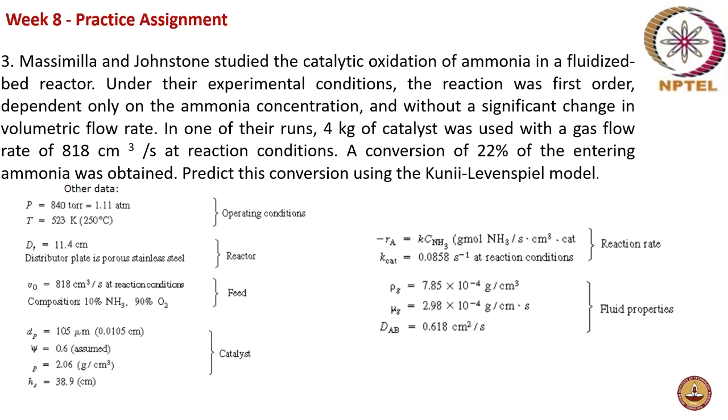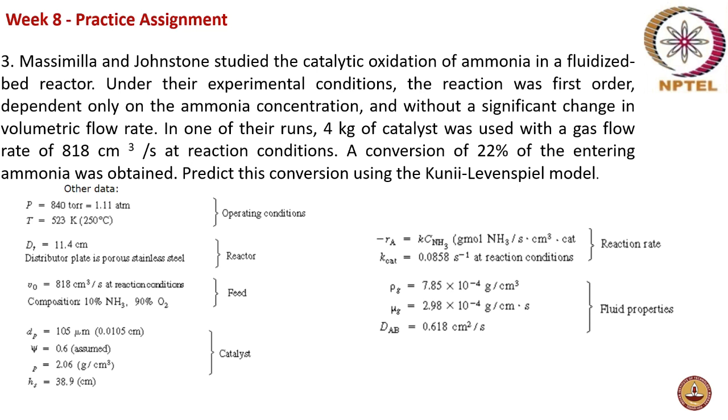They have also given the reaction rate, minus r_A equals k times the concentration of ammonia. So the reaction was observed to be first order, depending only on the ammonia concentration, with units of gram mole of ammonia per second per cm³ of catalyst.